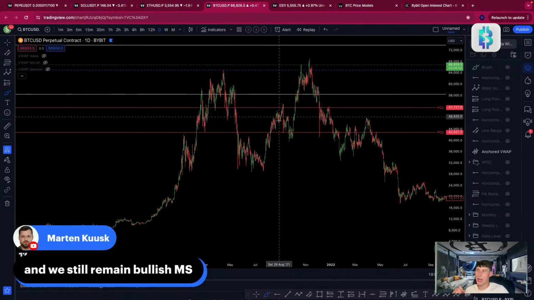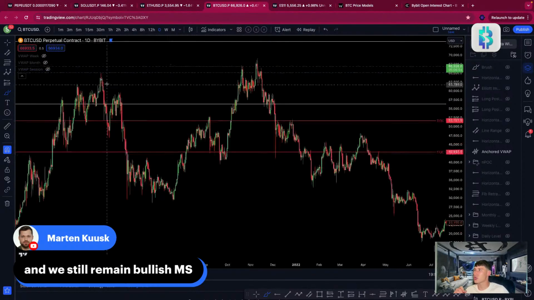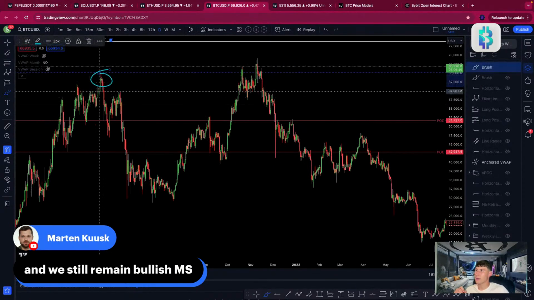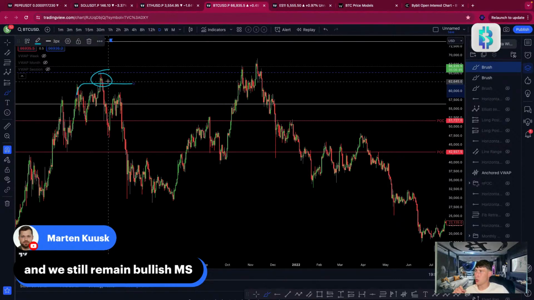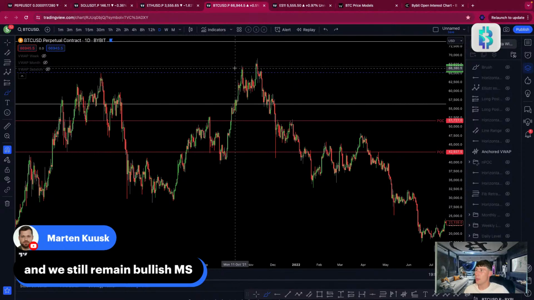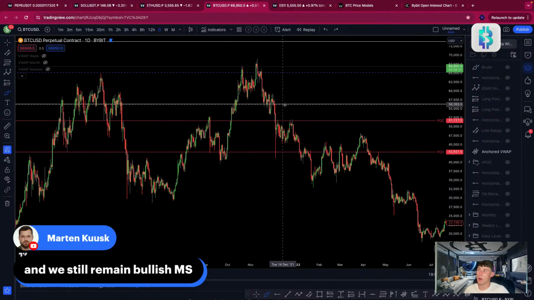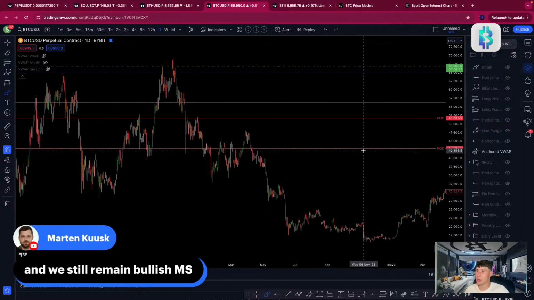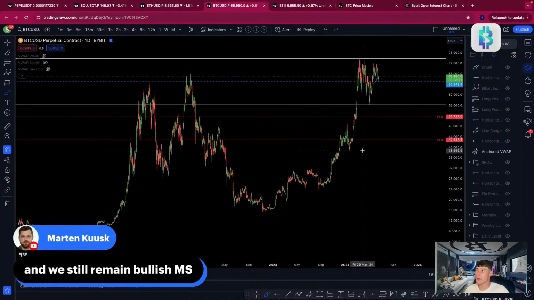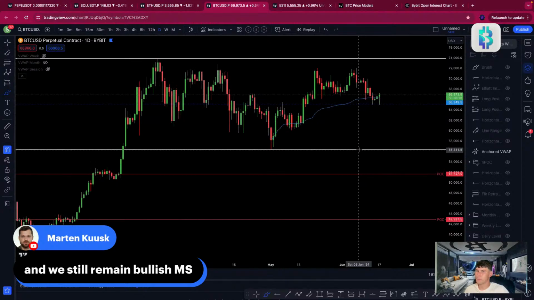Not that there's a lack of opportunities anyway, but if you missed a short from up here, I remember looking at a short trade there and taking it. But if you missed a short trade from up there, there's another opportunity. This is why I like price action like this, because it always gives you those second opportunities. But we'll just have to see.